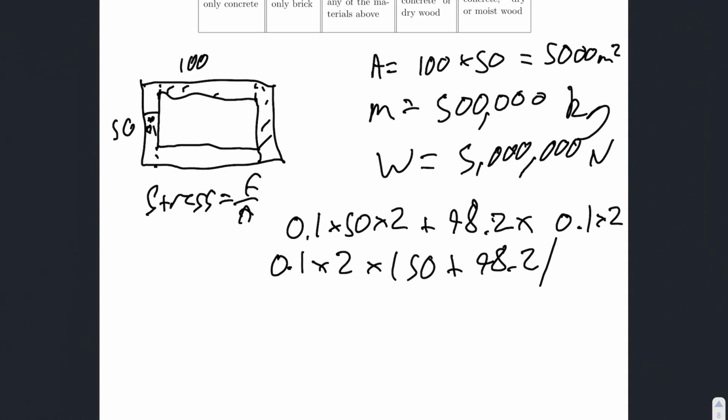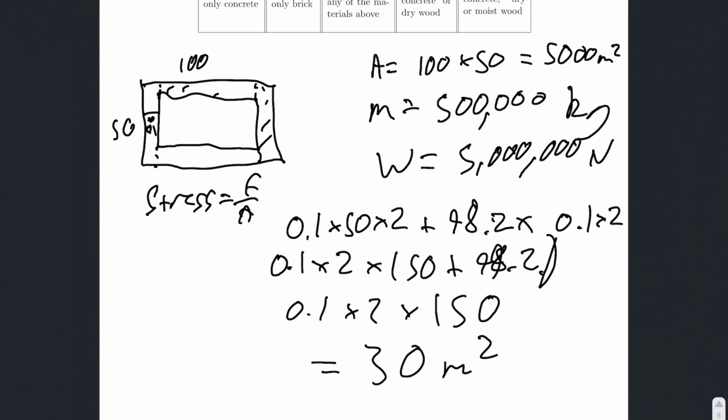So we can actually approximate this 98.2 to 99.2 even, because it's basically the same number. So we have 0.1 times 2 times 150, which is 30 meters squared.